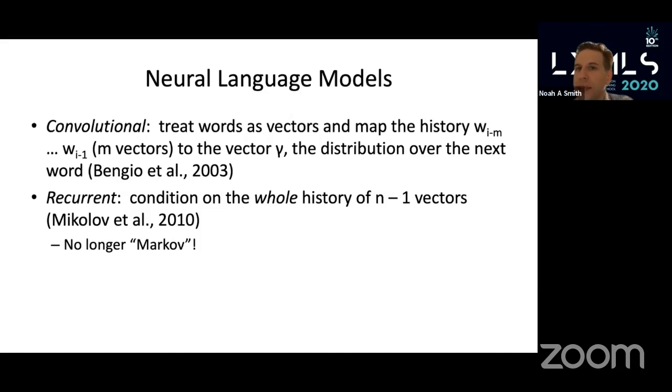And so you repeatedly apply the same function given the previous state and the current word to get the distribution over the next word that comes next. And because of this, you can trace a computational path all the way back to the very original word vector at the beginning of the sequence. There's no longer a Markov assumption.